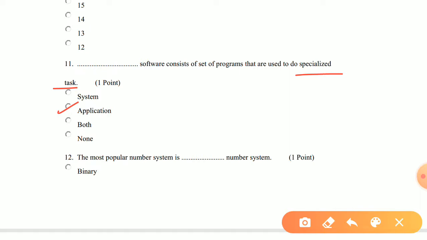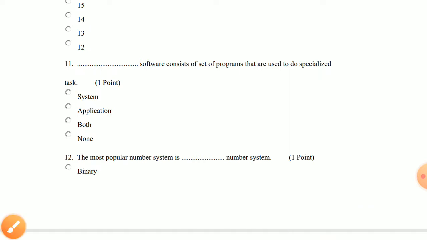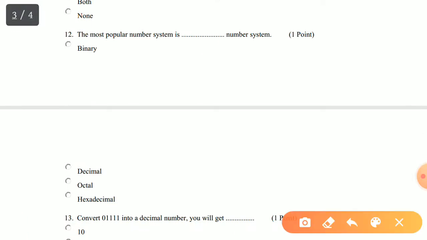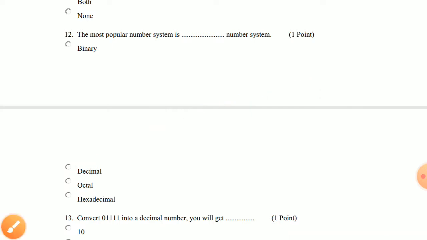System software is not used for specialized tasks; instead, it is used to do general tasks. 12th, answer C: the most popular number system is dash number system. It is the decimal number system. In mathematics we use numbers 0 to 9, so decimal is the most popular.